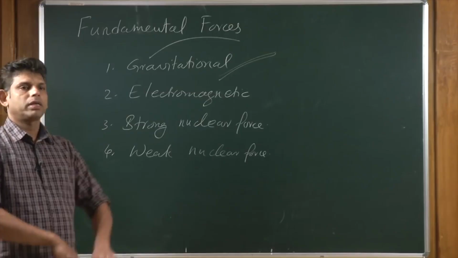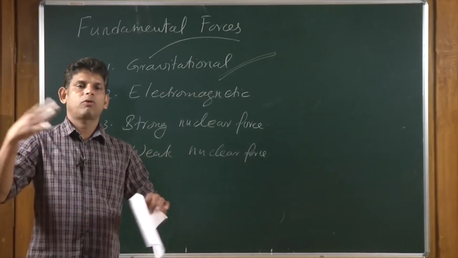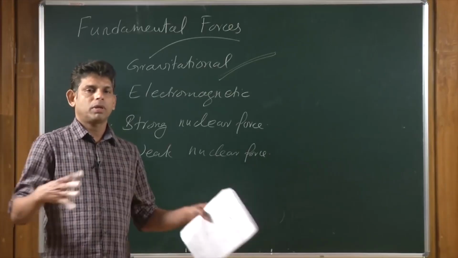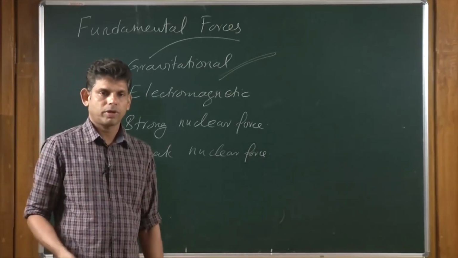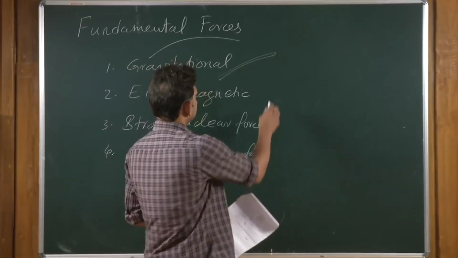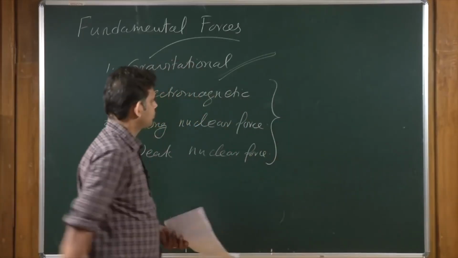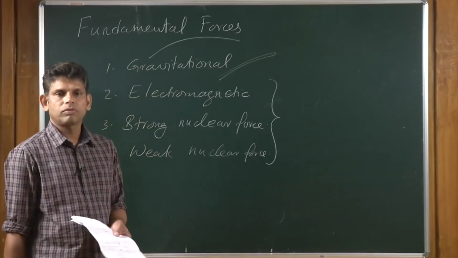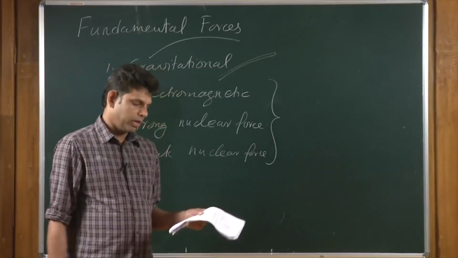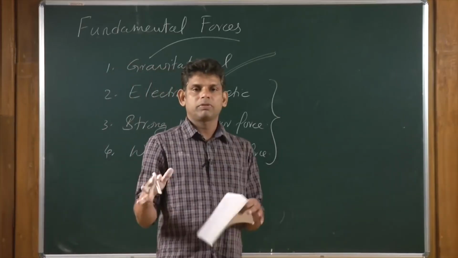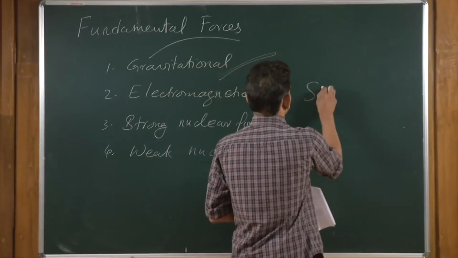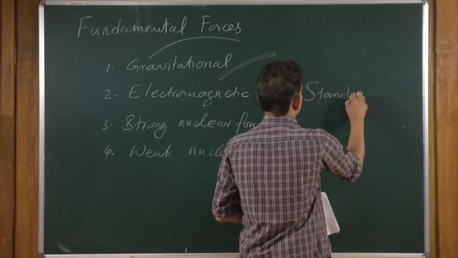It comes into play in the formation of large scale structures, where we have large mass, big bodies. We will not be discussing that in this course, rather we will be talking about only these, and this description is given in a specific theoretical model called the standard model of particle physics.